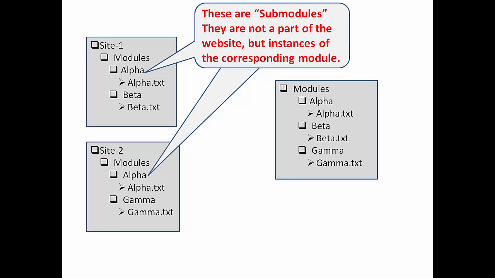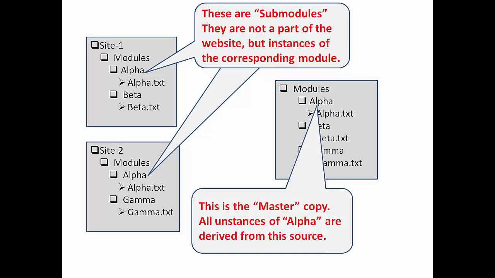Notice that when we created site 1 and site 2, the alpha and beta folders were empty. For the sites to work, they need the appropriate content. So we're going to import that content from the modules folder, and we want to do that in a way that keeps everything in sync.